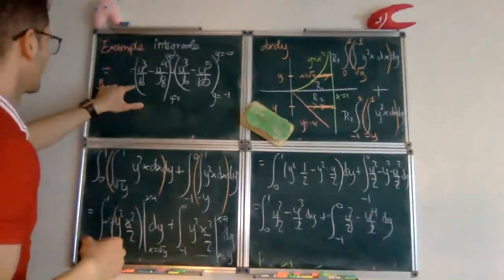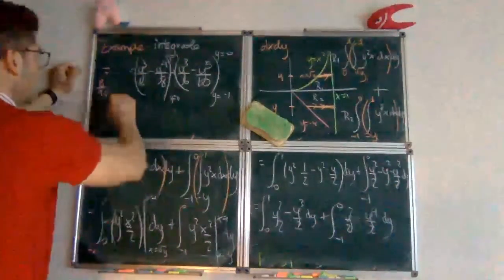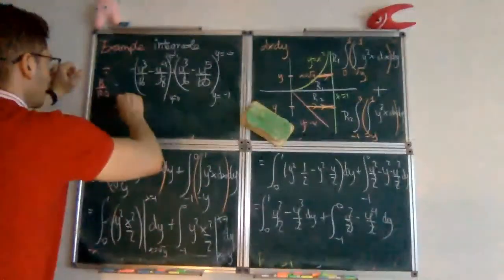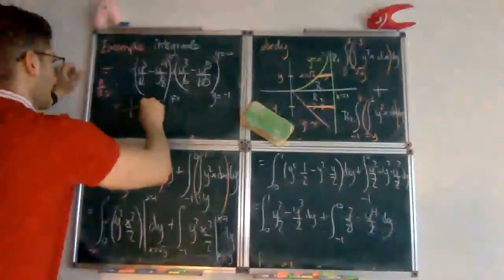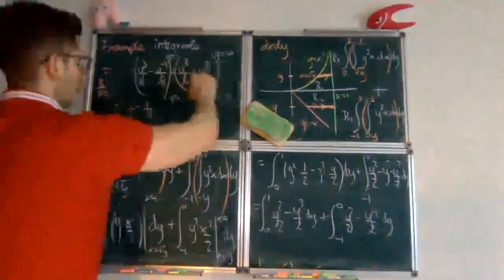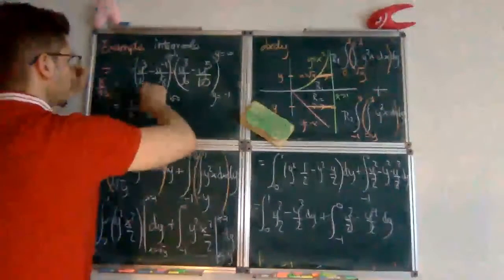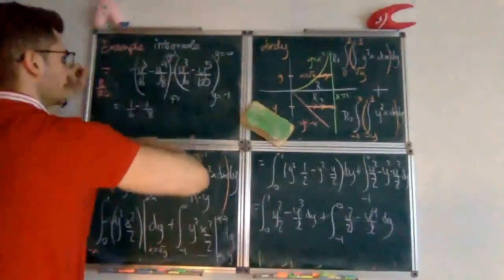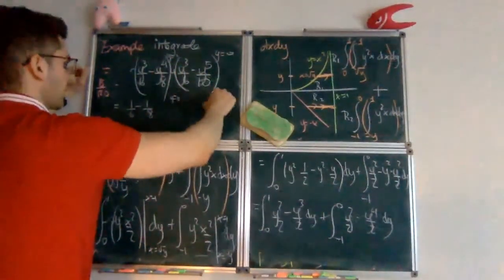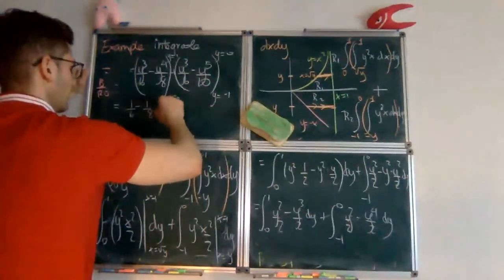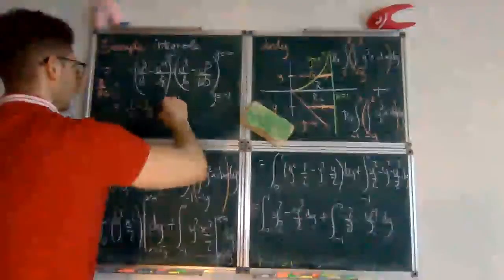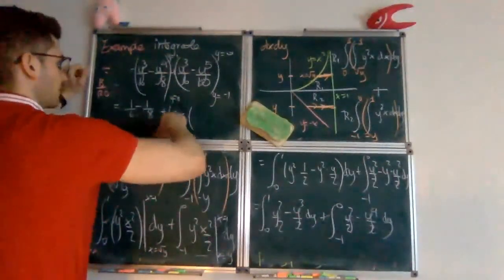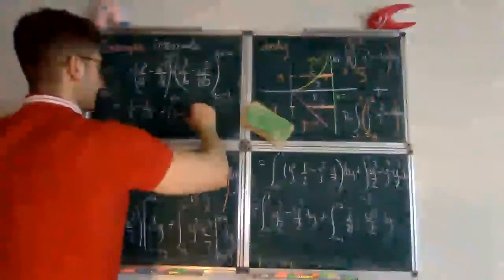And so you get at 1, you get 1 over 6 minus 1 over 8. Here you get, at 0 you don't get anything here, at 0 you don't get anything here, and then you just have to subtract the value of -1. So you get plus 0 minus -1, so it gives you -1/6.